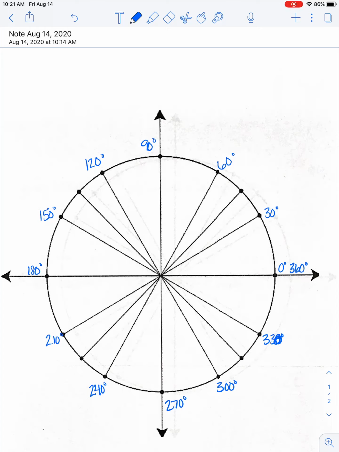Hopefully, you know, for sure the first quadrant and the north, south, east, west are ringing a bell, and the others you can count forwards or backwards.